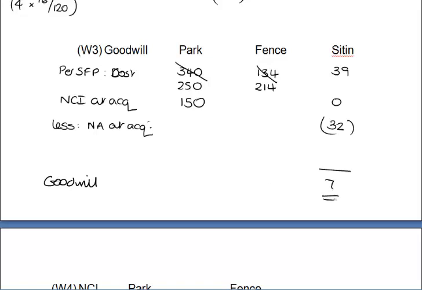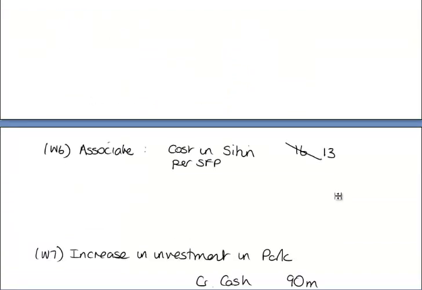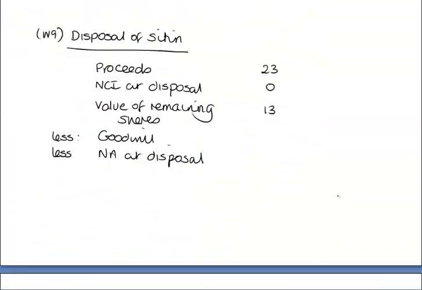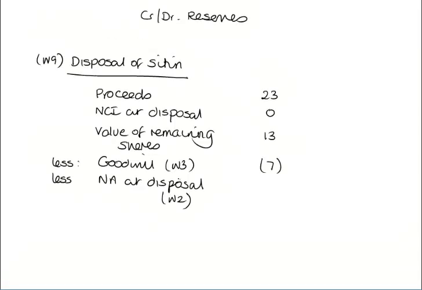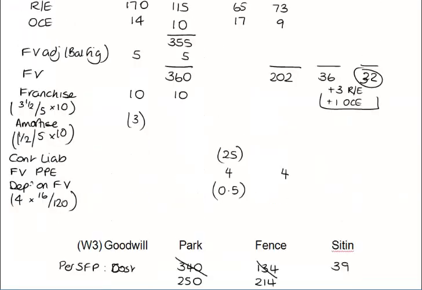Which means that our goodwill figure in respect of Sitin is 7 million. But I'm now going to transfer that goodwill calculation to our loss on disposal. And the net assets at disposal, so we pick up the goodwill from working number 3, the net assets at disposal come from working number 2. What are those net assets? In working number 2 it says, we've been told in the question that they're 36 million.